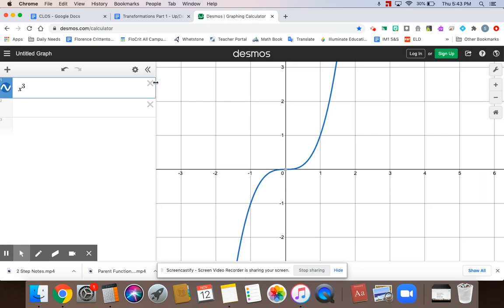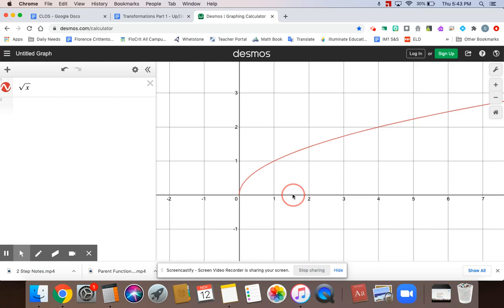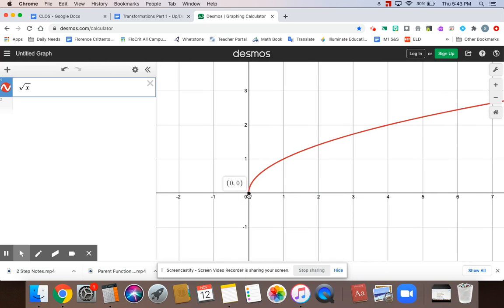So if I were to just graph the basic square root of x, that's what it looks like. This one has a point at 0, 0 and a point at 1, 1, but it doesn't have the -1 point, like that third point over here. So this one, you only need 2 points to make the graph. You need the 0, 0 and the going right 1, up 1 point, the 1, 1.